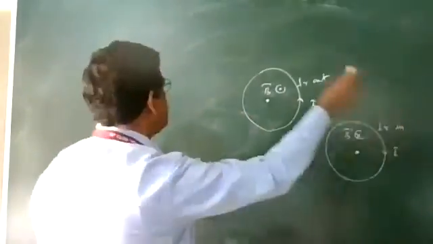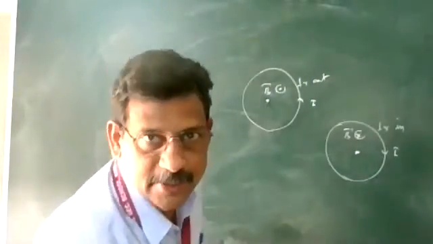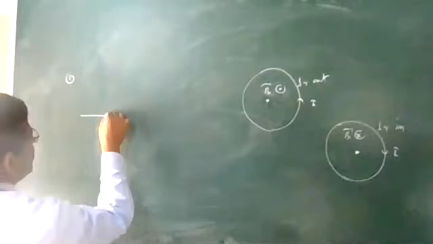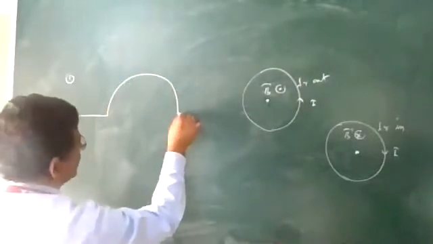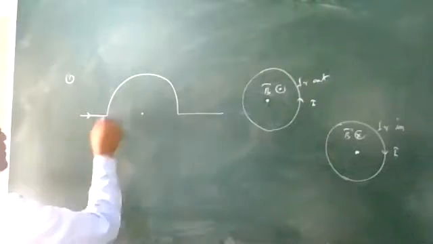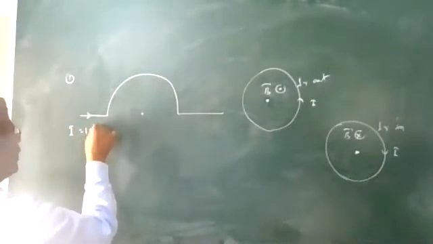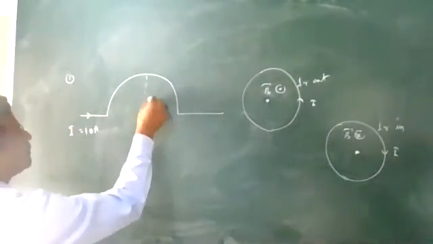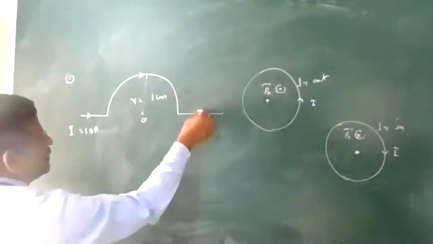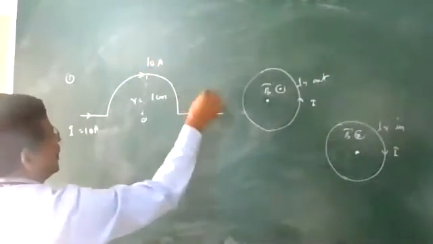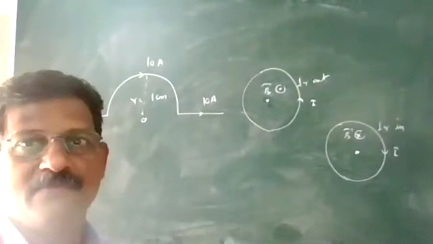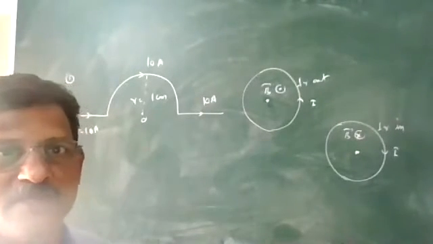Okay, good. So the numerical for today is this first one. A wire is bent like this. The current I equal to 10 ampere is going through it, and the radius is 1 centimeter. What is the magnetic field at the center?